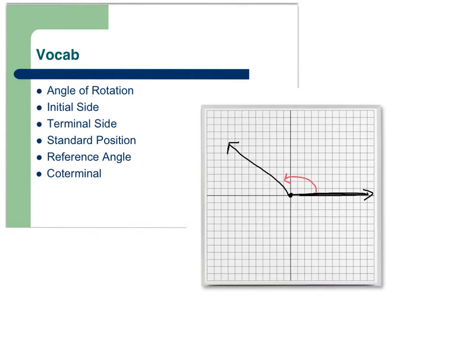Now, I always rotate from my initial side. So this guy right here is my initial side. Sorry for the penmanship here. And the terminal side, terminal meaning ending, is this guy right here.